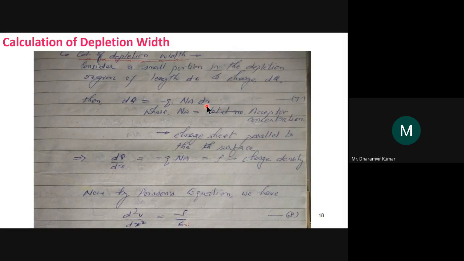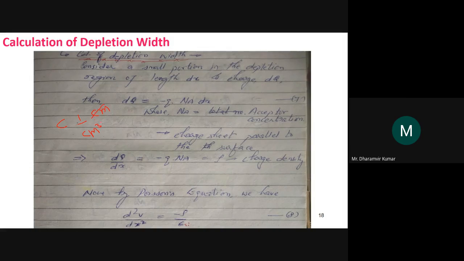Now if you calculate the dimension for dq from here, it will come like this. q is in coulomb, and Na, the concentration, is expressed as the number of charge carriers per centimeter cube of volume. dx is the length of that region, in centimeter.